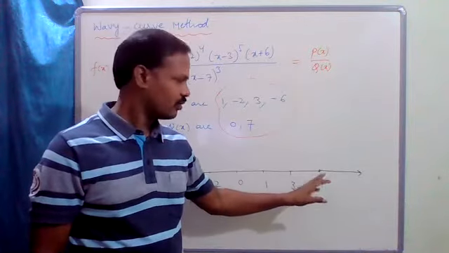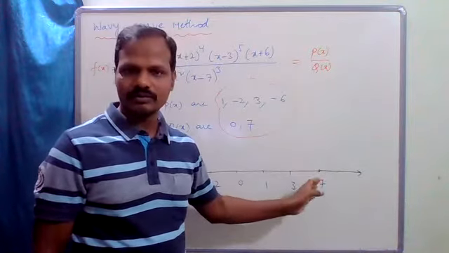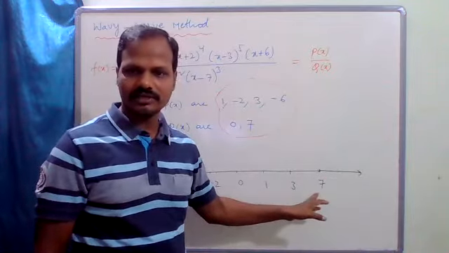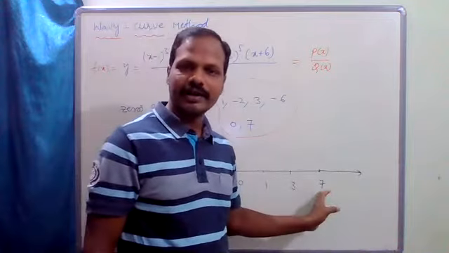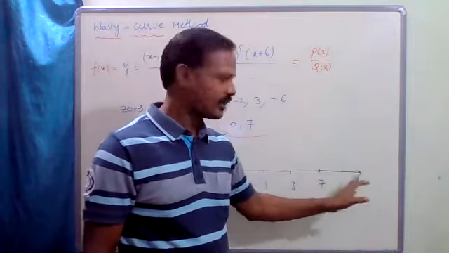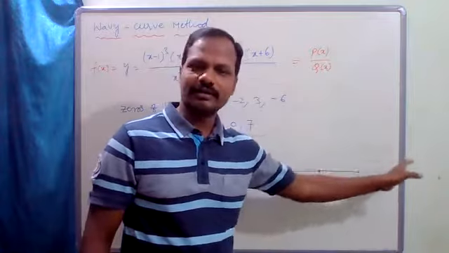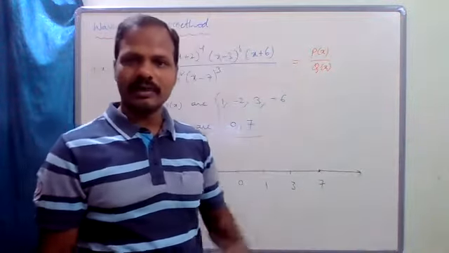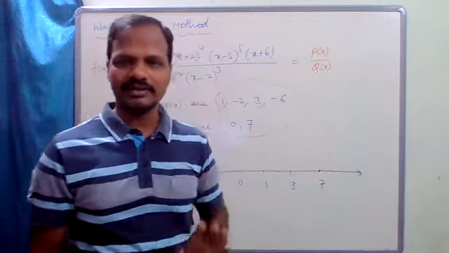Now take some value to the right of 7. That means 8, 9, 10, something. Of course, you can take 7.1 also, but in general we consider some natural number.